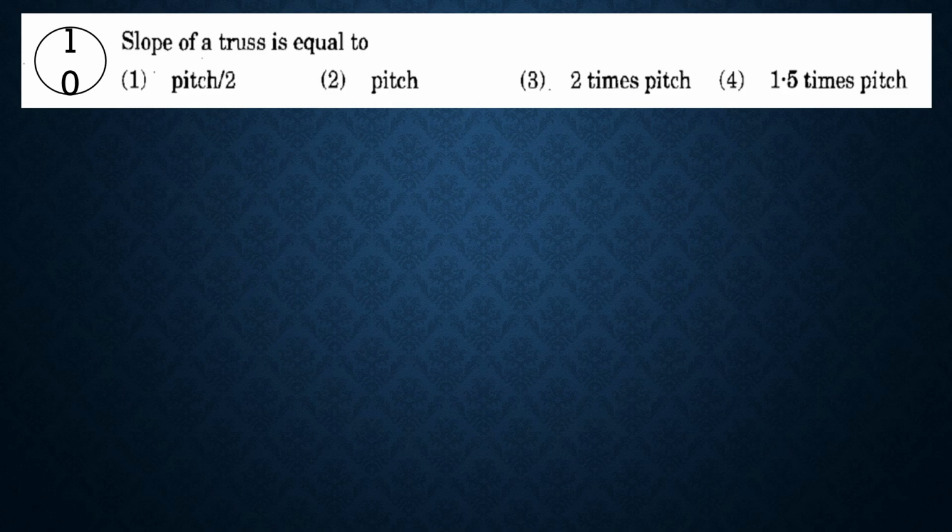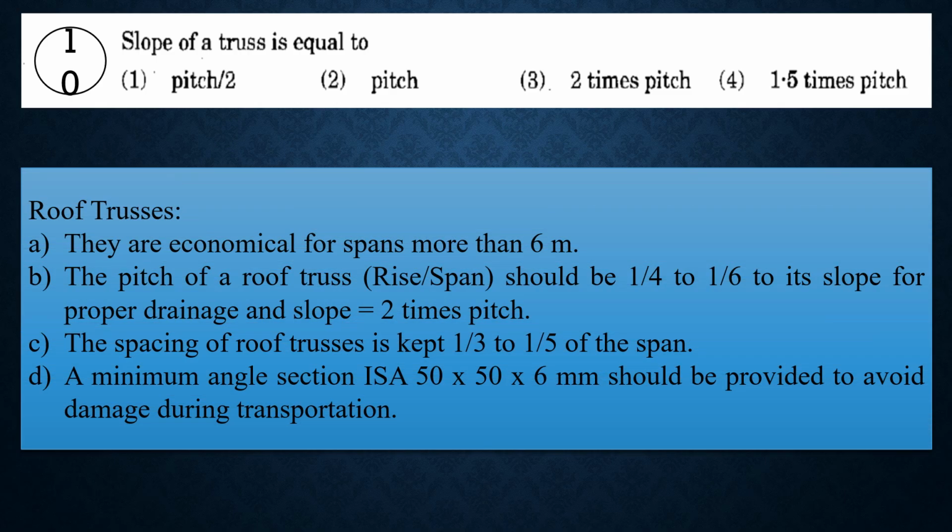Then, the slope of truss is equal to: 2 times the pitch. In the case of roof trusses, they are economical for spans more than 6 meters. The pitch of a roof truss, that is rise over span, should be 1/4 to 1/6 for proper drainage, and the slope is equal to 2 times the pitch.